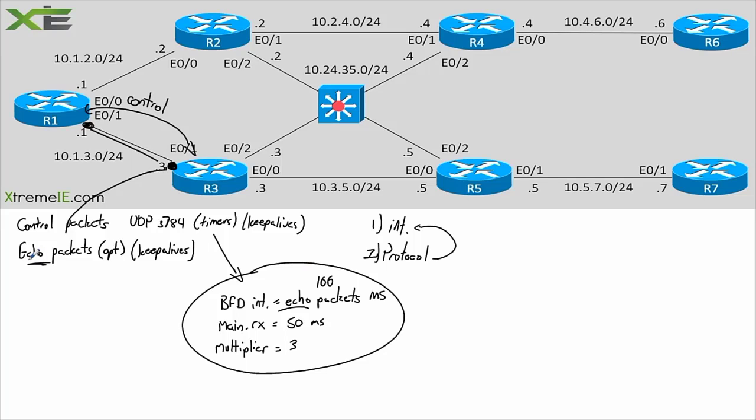What's really cool about these echo packets is that the layer 2 destination, so the MAC address that I'm actually going to send traffic to, is going to be the neighbor. R3, for example, is going to send out this echo packet, and the MAC address is going to be R1's. So I'm going to send this traffic to R1.